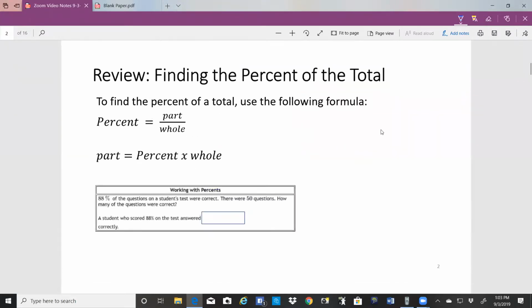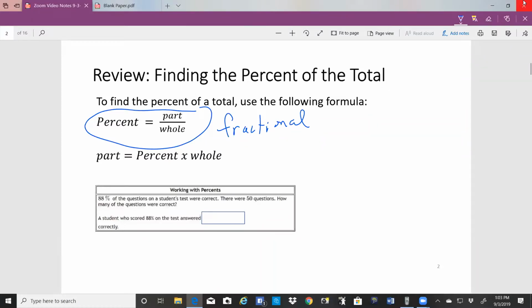Okay, we started off finding the percent of the total. There've been a few people who seem to have an issue with this, but the percent in fractional form is always going to be the part over the whole.